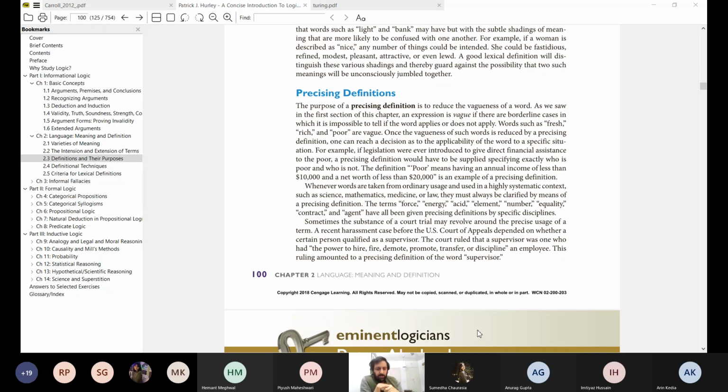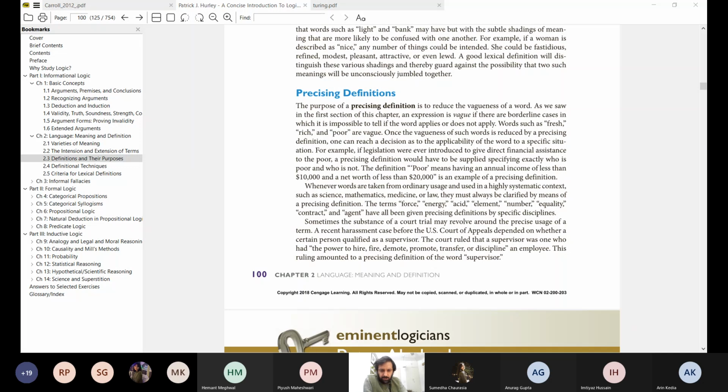And if you look at any kind of legal language or a legal statute, you'll always see at the start some set of definitions. So, for instance, the Indian Penal Code will prescribe some penalties for homicide and say, look, by homicide we mean such and such, the intentional killing of one person by another.